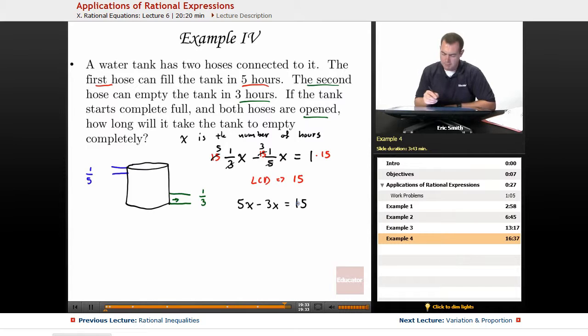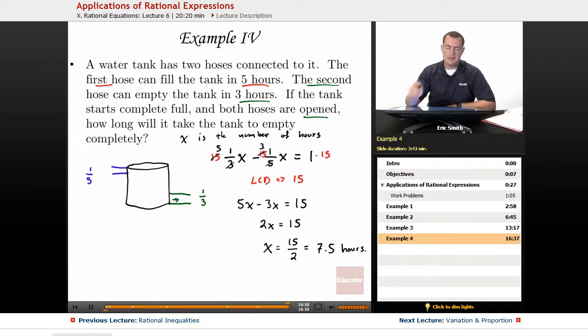Okay, doing a little bit of combining on the left side, I have 2x equals 15, or x equals 15 divided by 2, or 7.5 hours.